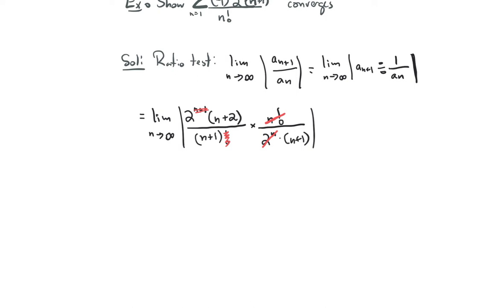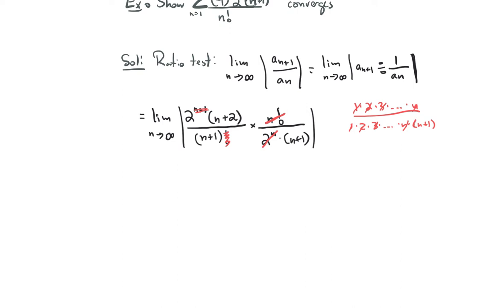Let me write that out to the side. So this is like 1 times 2 times 3 all the way to times n, so that's n factorial over 1 times 2 times 3 all the way to times n plus 1. That's n plus 1 factorial. So everything cancels here except for that n plus 1 in the denominator. And we can't really simplify the n plus 2 and the n plus 1, but we know how to take limits of ratios of polynomials, so that's not going to be a problem.